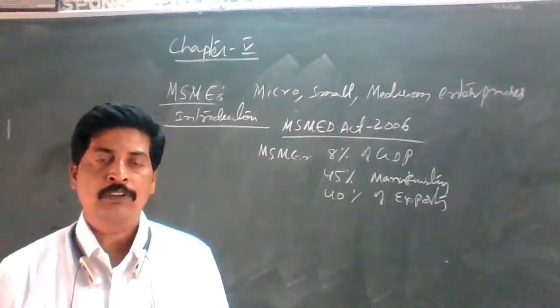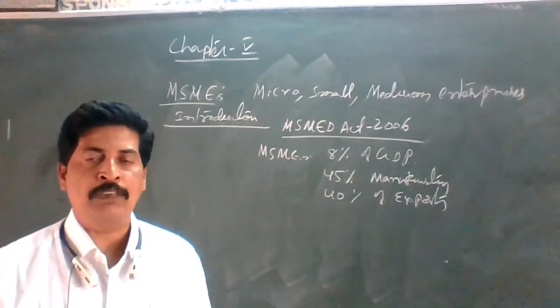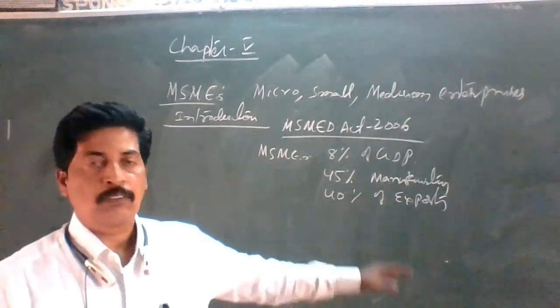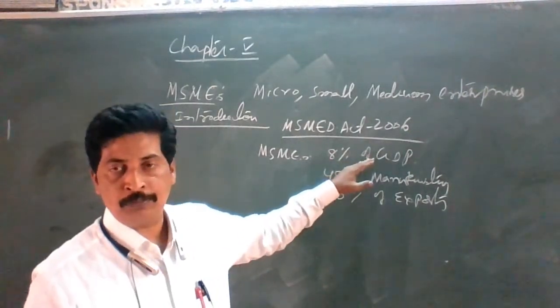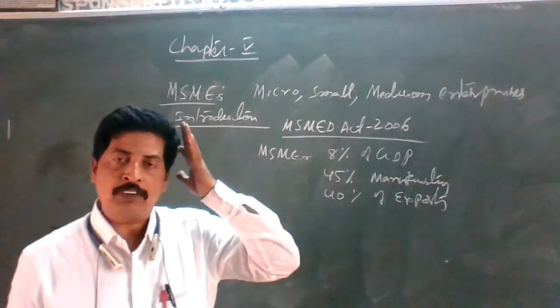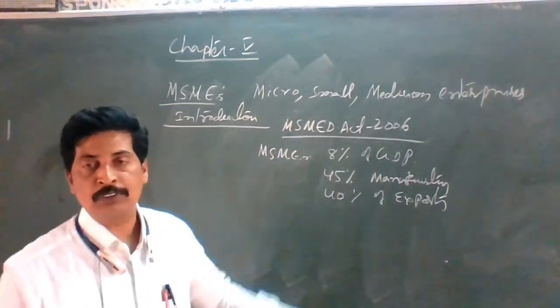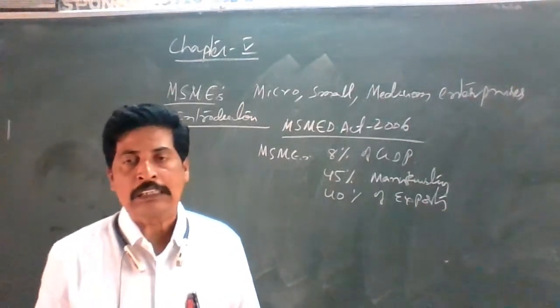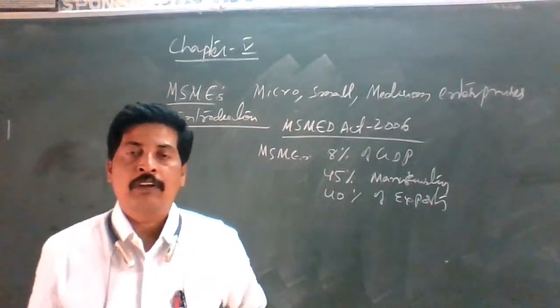So this is a very significant thing as far as MSMEs are concerned. Nearly 8% of national GDP, 45% of manufacturing production, and 40% of exports.